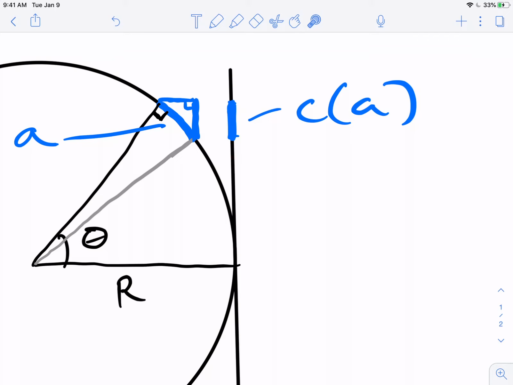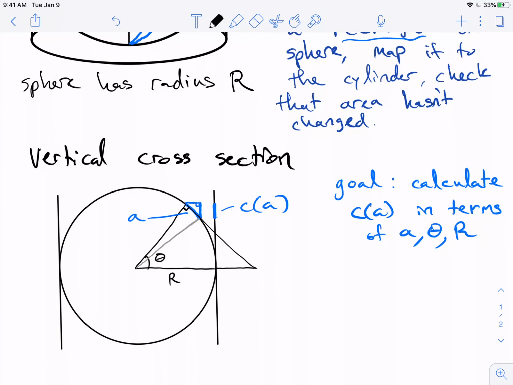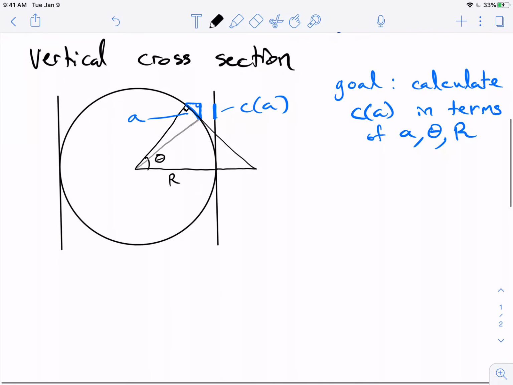So that's a 90-degree angle. And then finally, it might be worth extending this line out down to here so that we have another triangle. Okay, so that's the picture we have for the vertical cross section.